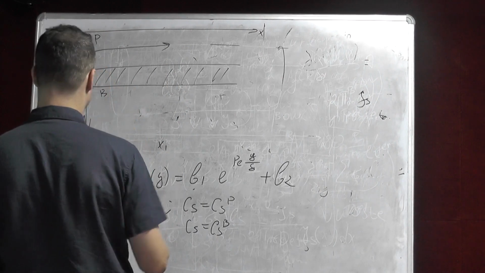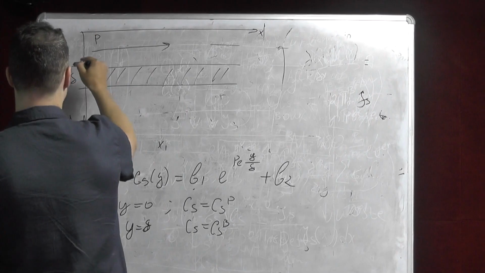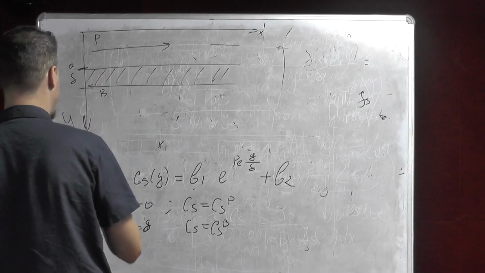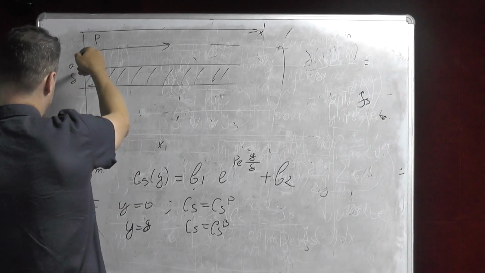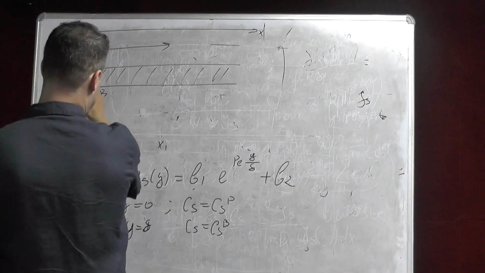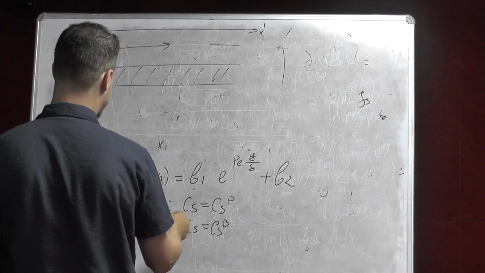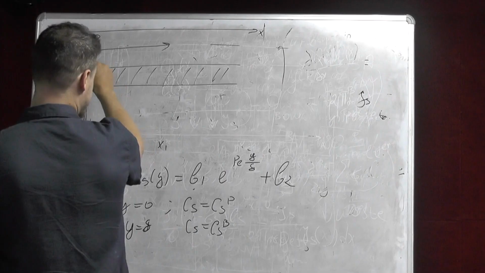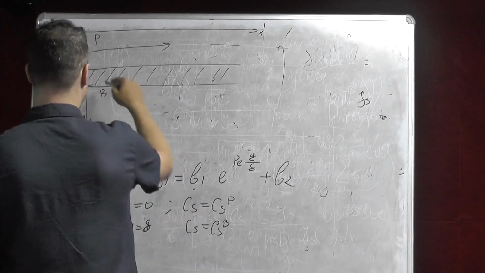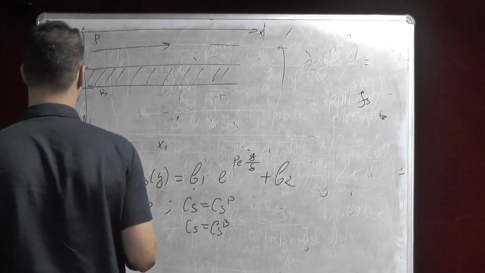So if we start measuring the y-axis from the beginning of the membrane, right here the concentration of the solute will be equal to the concentration of the solute in plasma at the given position of x.